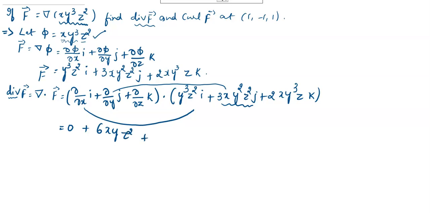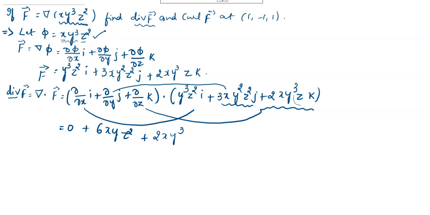Plus now dou by dou z of 2 x y cube z. Differentiating z with respect to z gives 1, so plus 2 into x into y cube.